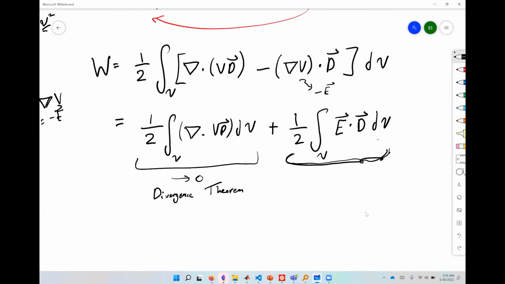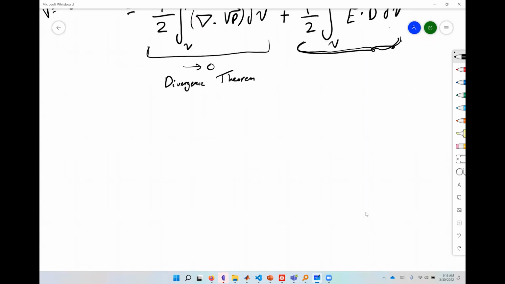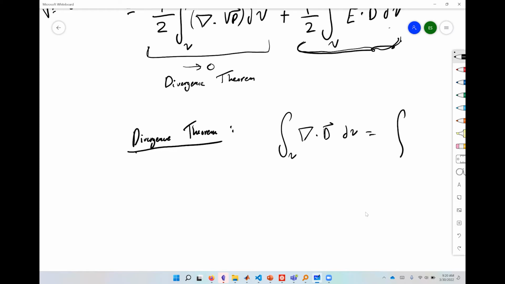Okay, so we can use the divergence theorem here, but the question is, what is the boundary? So remember, what is the divergence theorem? The divergence theorem states that if I integrate over a volume a scalar field that comes from a divergence, this equals the closed integral over the boundary.